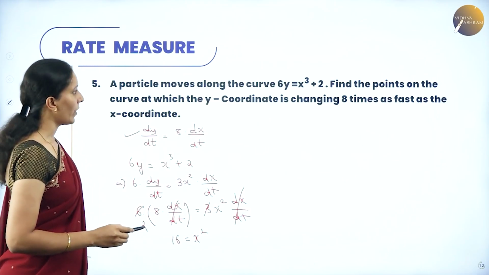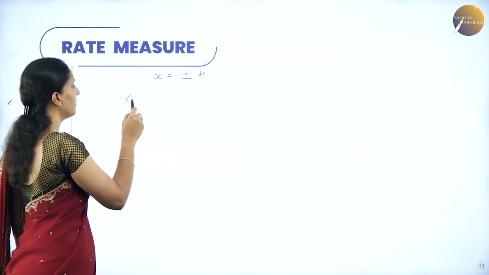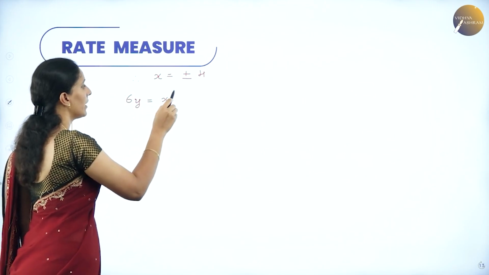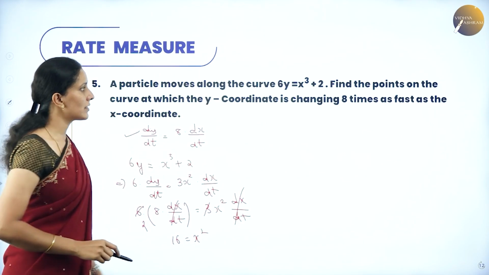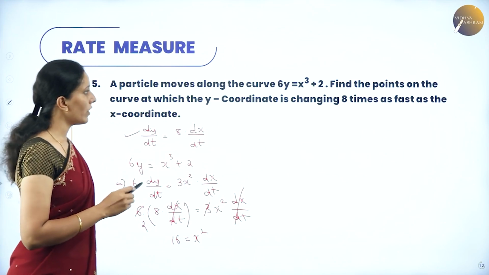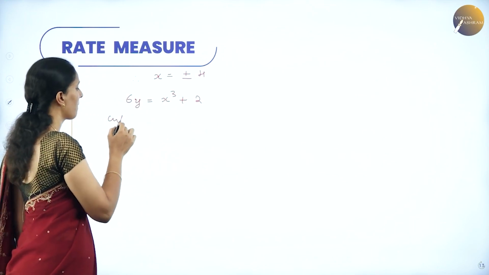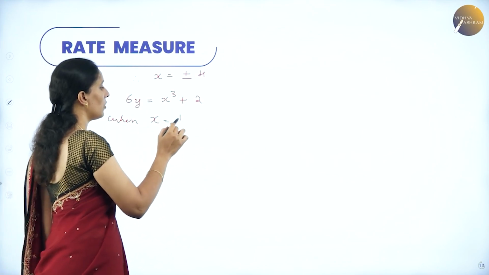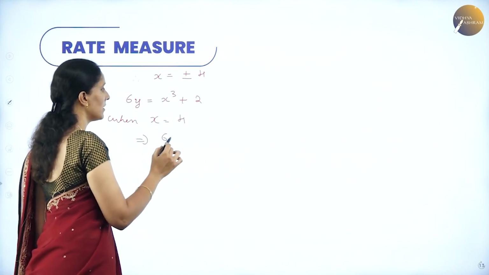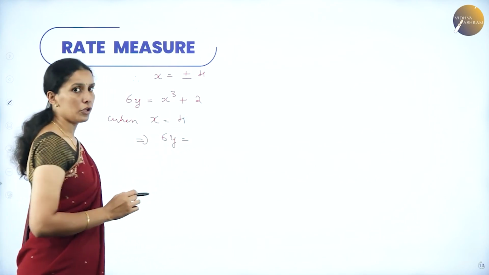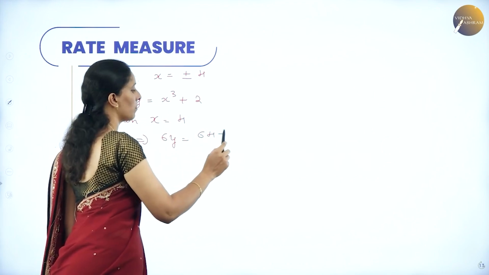Now we have the equation that is 6y is equal to x cube plus 2. So now we'll see the point. When x is equal to 4, so this becomes 6y is equal to 4 cube, it is 64 plus 2.